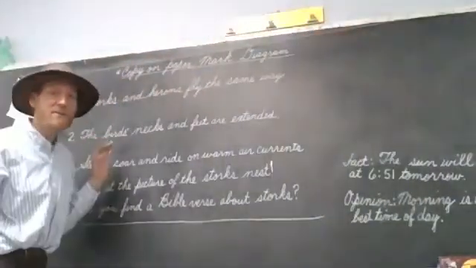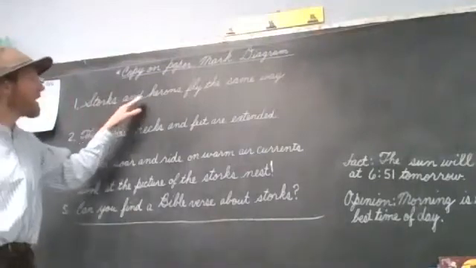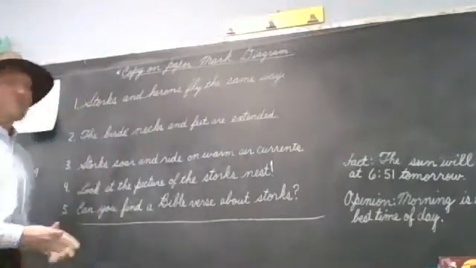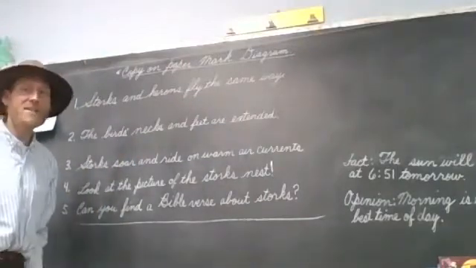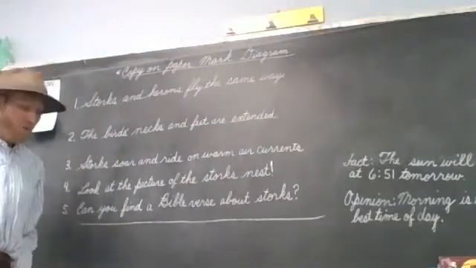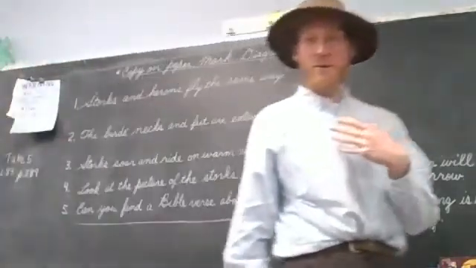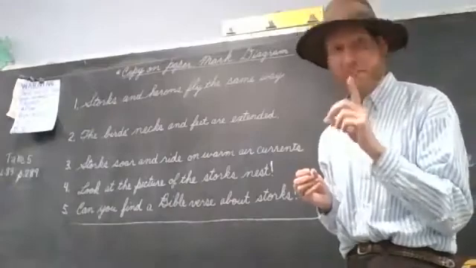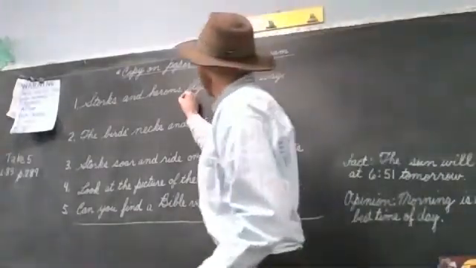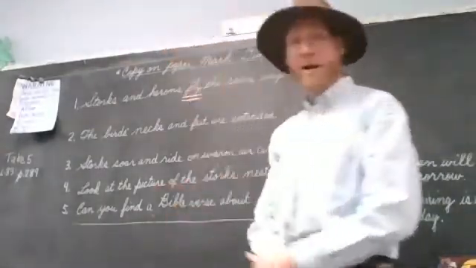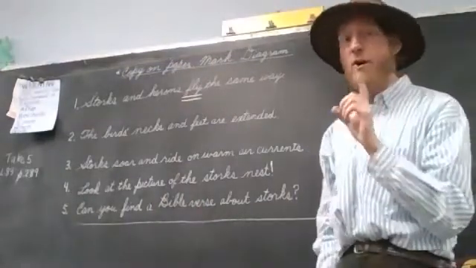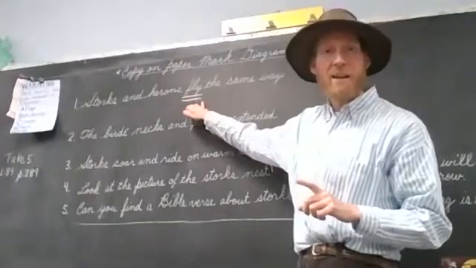Let's look at this first sentence. Storks and herons fly the same way. What is the action word in this sentence? Did you say fly? I'm going to underline that twice as our verb. Then ask who or what fly.